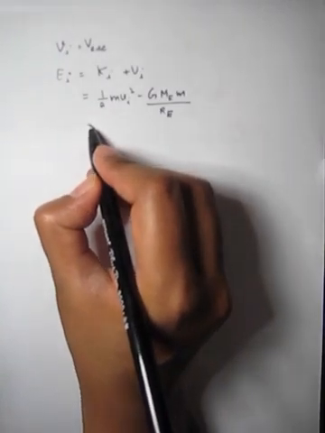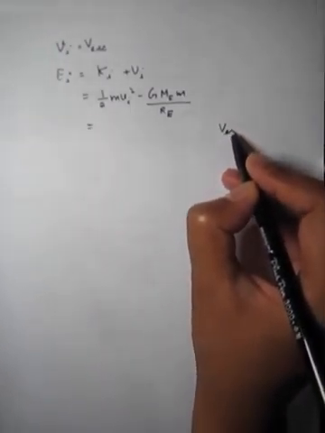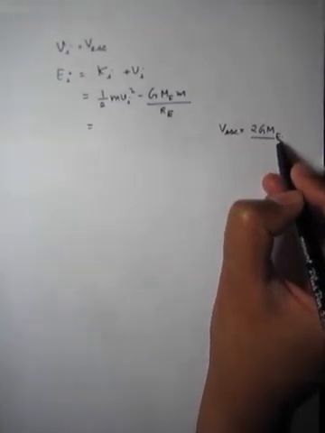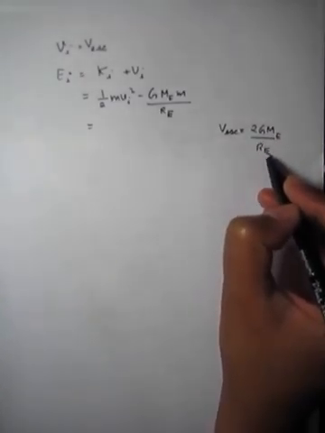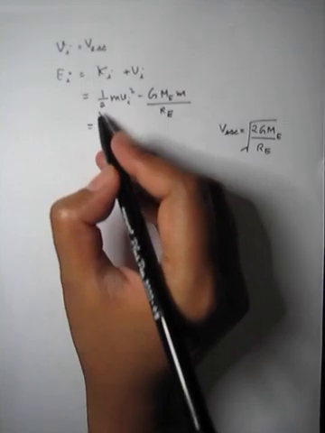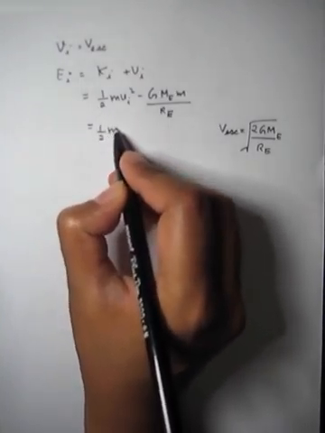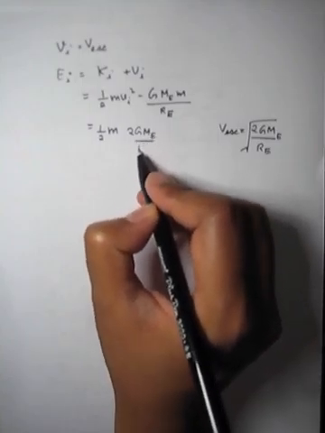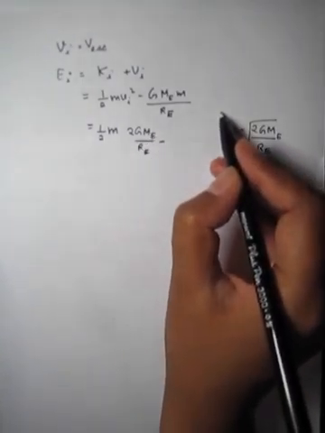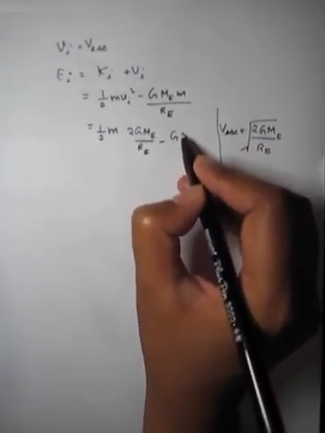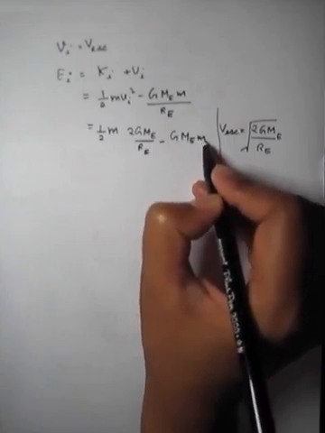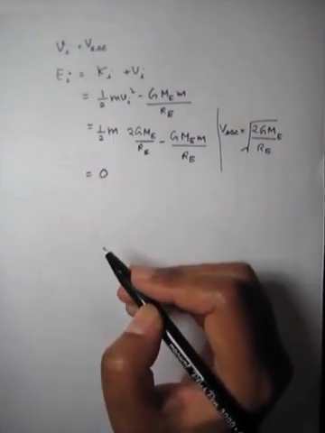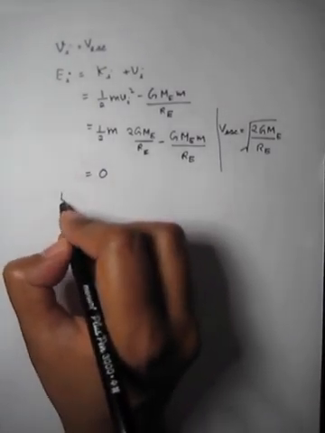Now when it is the escape speed, given by the square root of 2 G M_E upon R_E, it will be 1/2 m (2 G M_E upon R_E) minus G M_E m upon R_E. So it turns out to be 0. So the initial energy will be equal to 0.